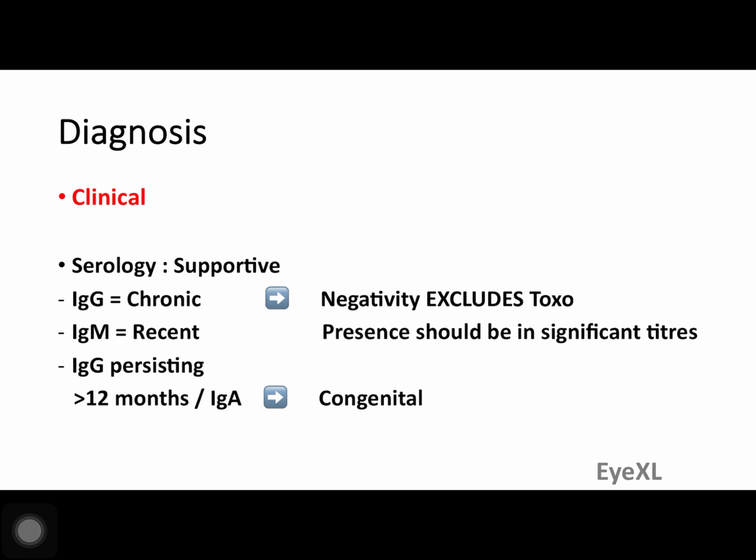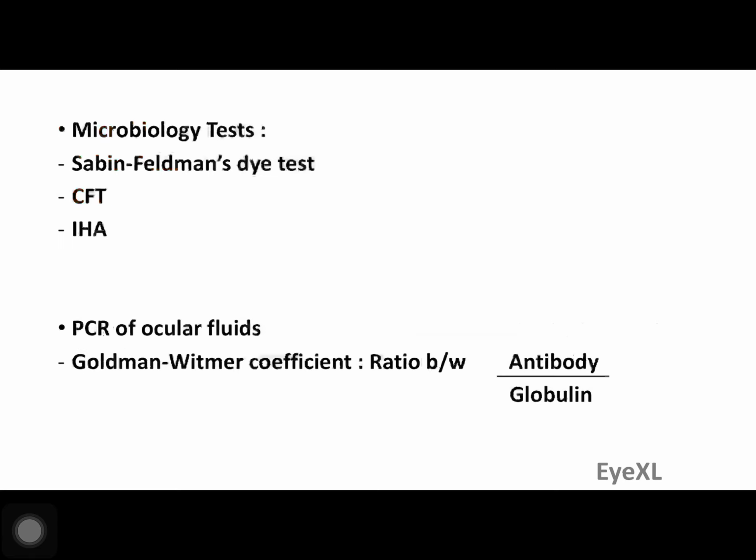The titers vary according to age, gender, and geographical location. But just understand that simply the presence of antibodies to toxoplasma doesn't mean that this patient is currently infected. If the IgG persists more than one year, or if IgA is seen, this is highly suggestive of congenital toxoplasmosis.